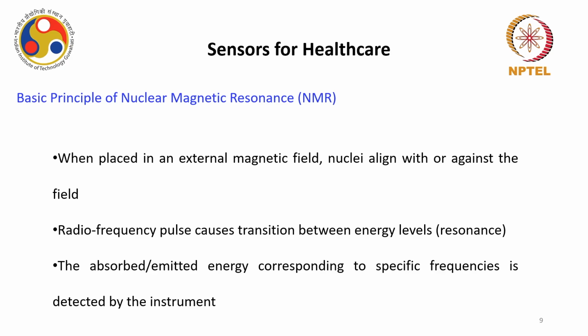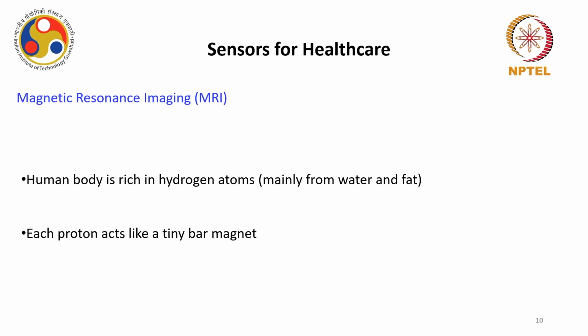Say the molecule is placed in an oscillating magnetic field, and the molecule itself will have a certain oscillation, and when these frequencies match, we call it resonance frequency. When the RF pulse is stopped, the absorbed energy is emitted at a specific frequency, which is detected by the NMR instrument.